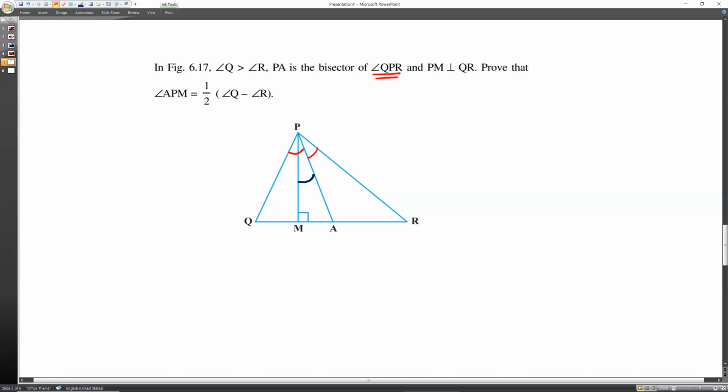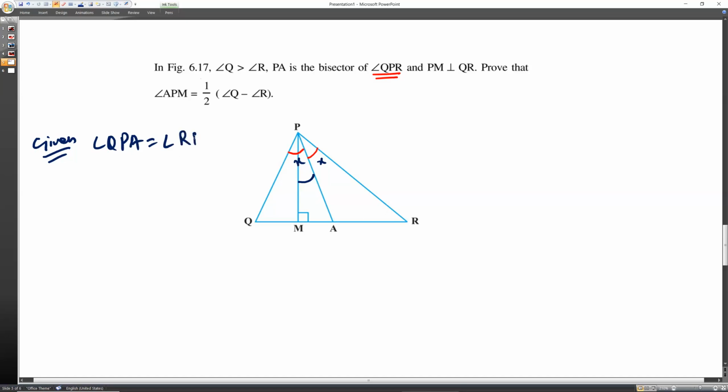This is an important task. You know that whatever is being given to you, that this is a bisector of this angle, so write it as x, and this also x. It is given to you that angle QPA is equal to angle RPA.